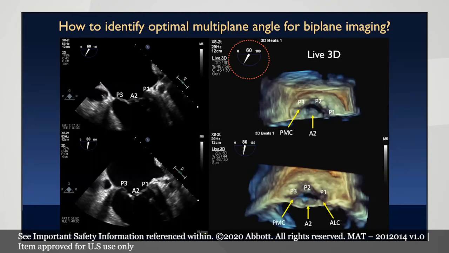Of note, I should point out that this 3D image is just shown as it comes up if I go between 2D and 3D imaging. So this is not an en face orientation. In fact, the posterior annulus is on the top of the image. Now, if I change the multiplane angle in my 2D image, we can appreciate how in 3D now we're cutting through both commissures, and both the anterolateral as well as posterior medial commissure are in view.